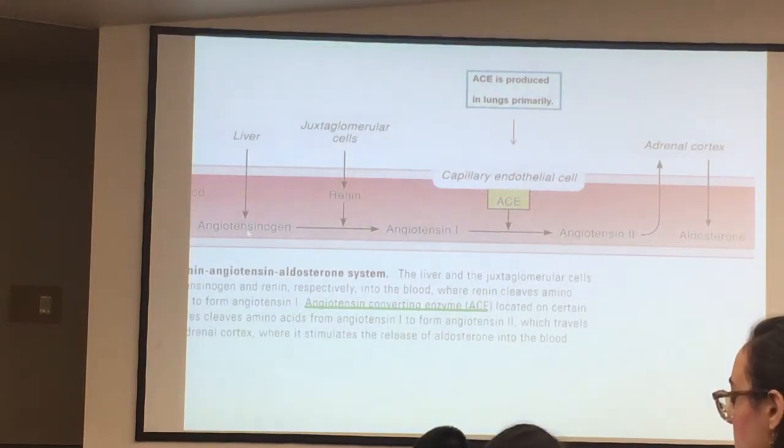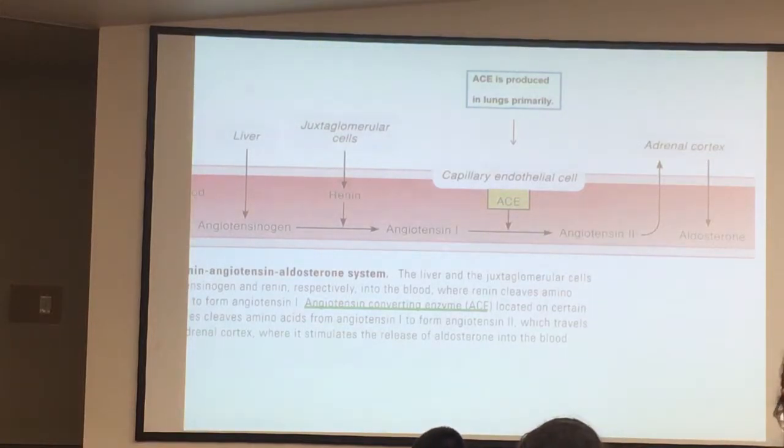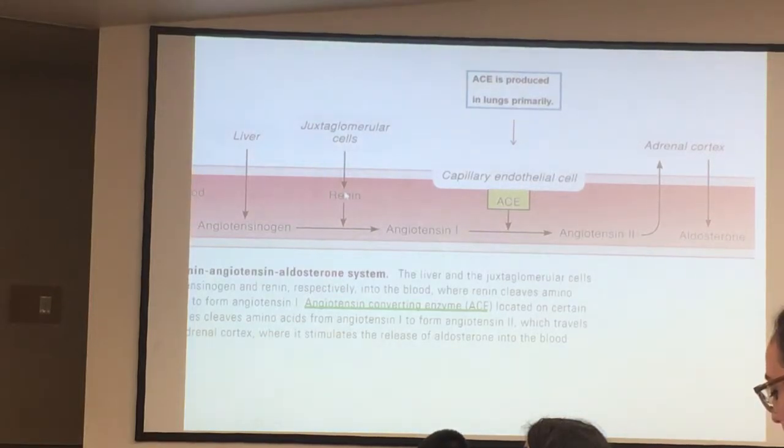Angio means blood vessel, controlling the blood vessel tension, the pressure. Nogen means a precursor. And from the juxtaglomerular cell, they produce renin, right? Its function is as an enzyme, or like a hormone, to change angiotensinogen to angiotensin 1.